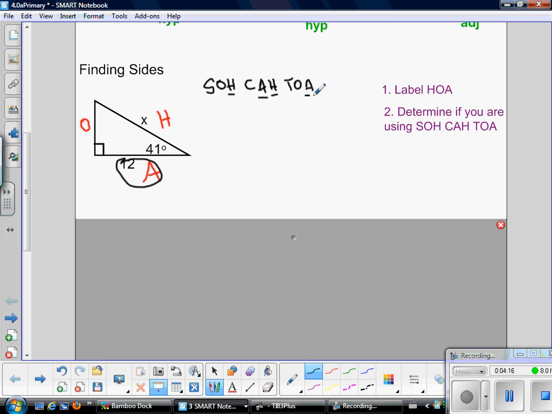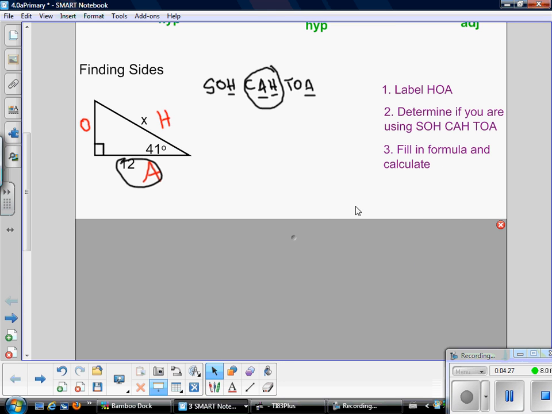And you can see the one that's underlined in 2 places actually is the formula we're going to use. So we're going to use the cos, okay, and I'm just going to put the rest of the steps down. Then we fill in the formula and calculate. So my formula, we decided, is cos, so we're going to fill it in.